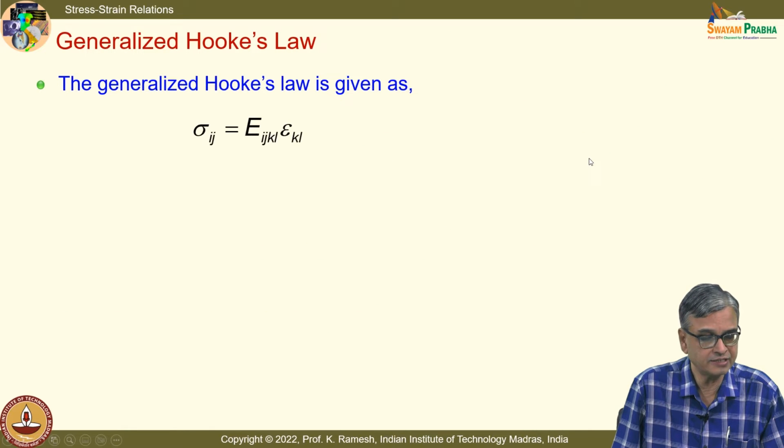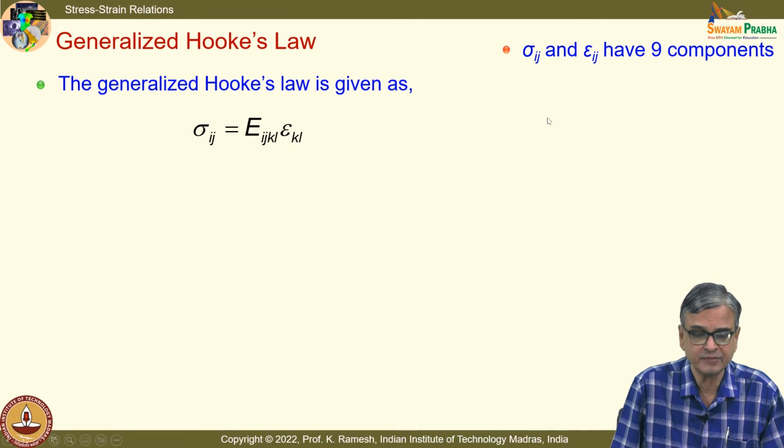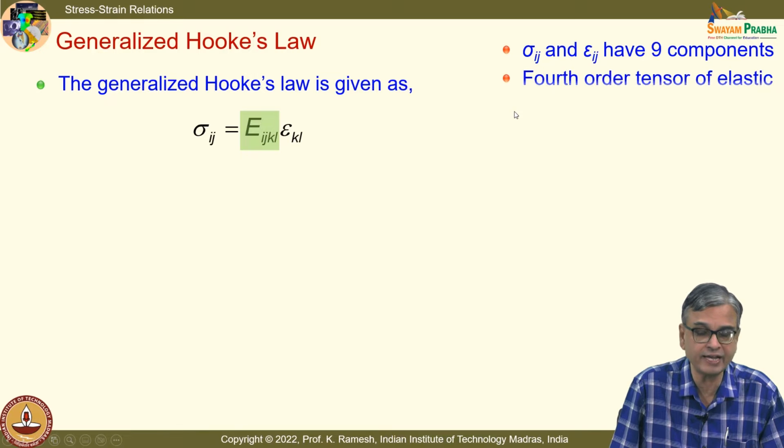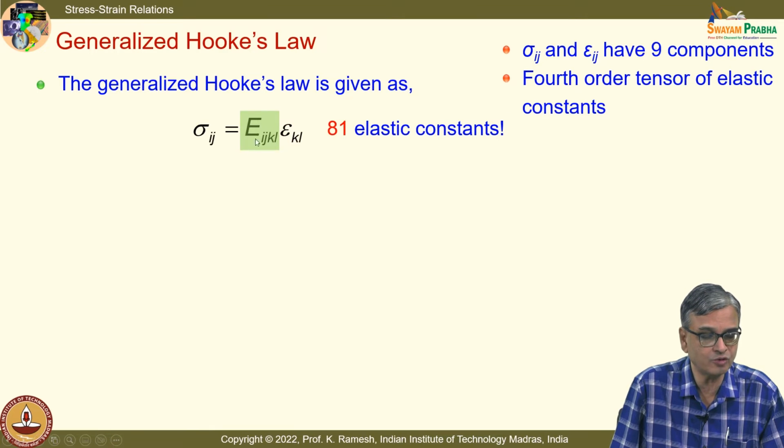And the generalized Hooke's law, if you are considering anisotropic materials, how these are related. Independently, we have 9 stress components and 9 strain components. So, you may think that you may require 81 elastic constants. We have this as sigma ij equal to capital E ijkl.